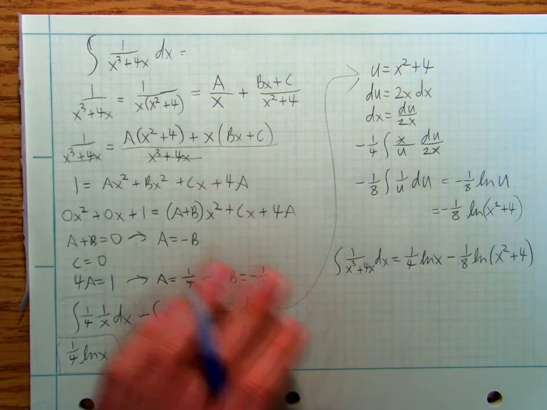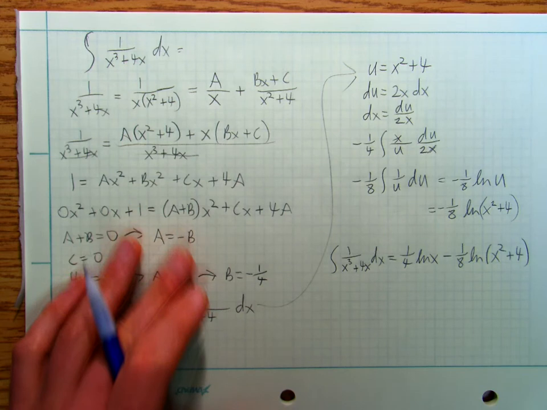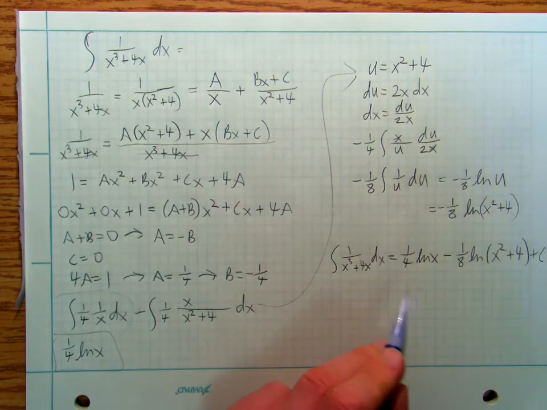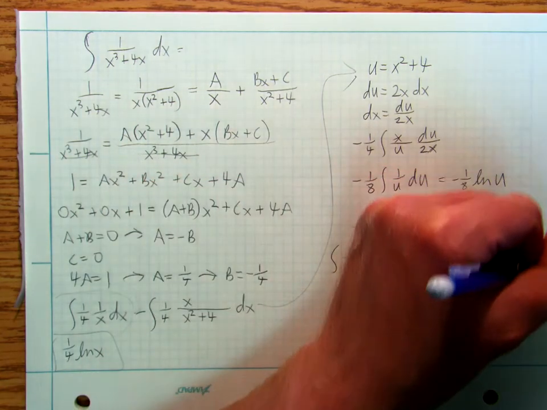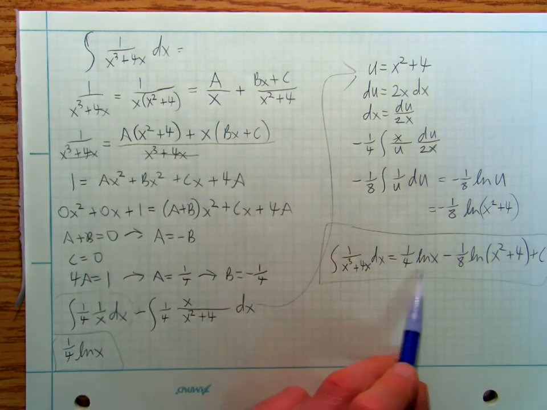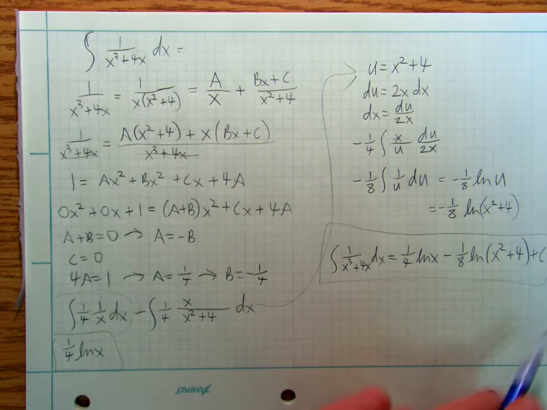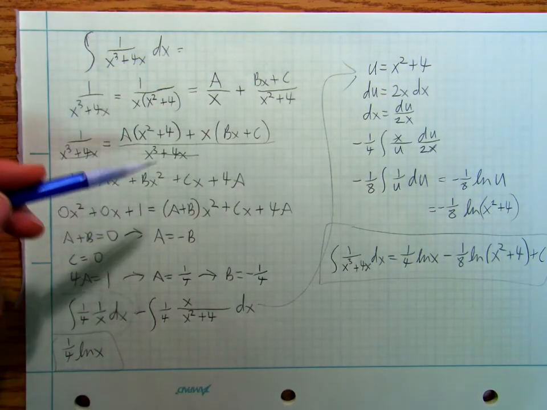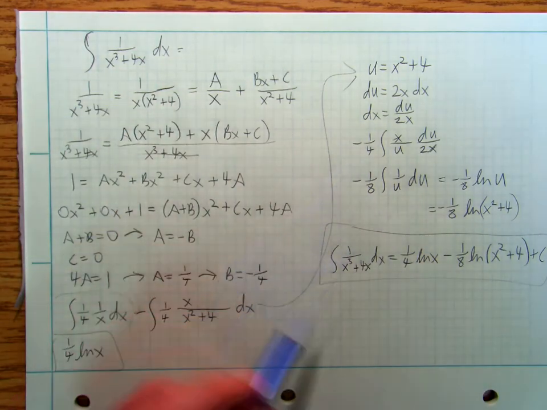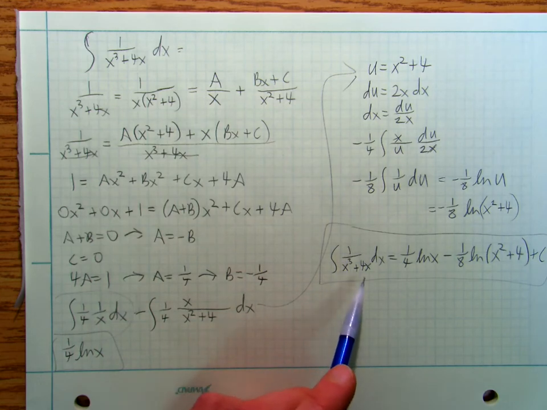I'm going to leave it up to you guys: if you take the derivative of this function, you're going to undo everything that we've just done, and you're going to end up with 1 over x cubed plus 4x. So that's a good activity for you to do.